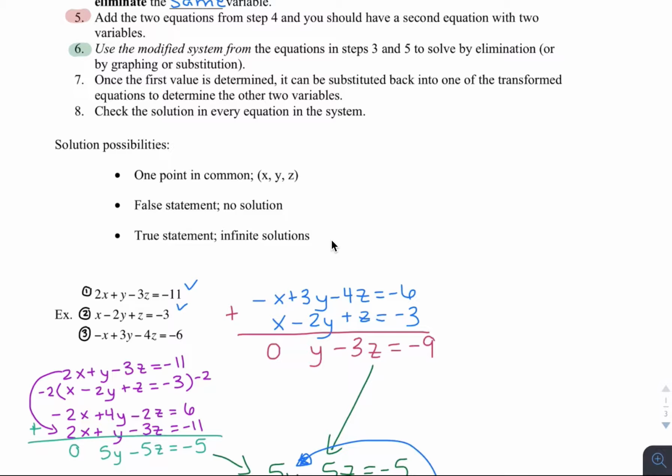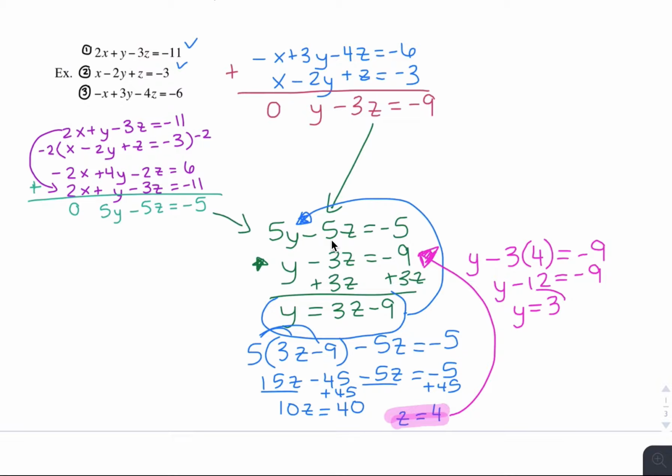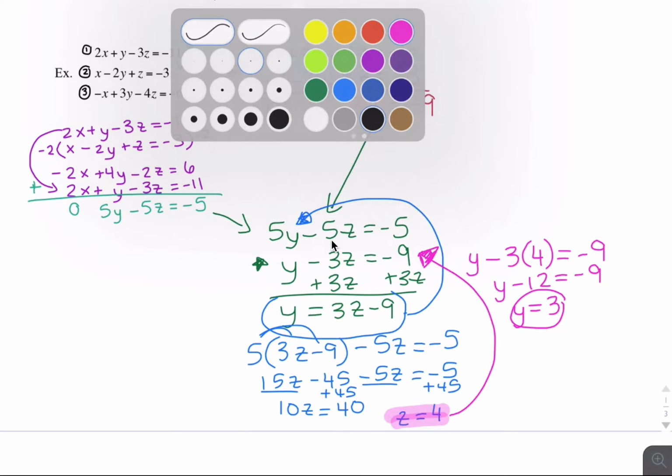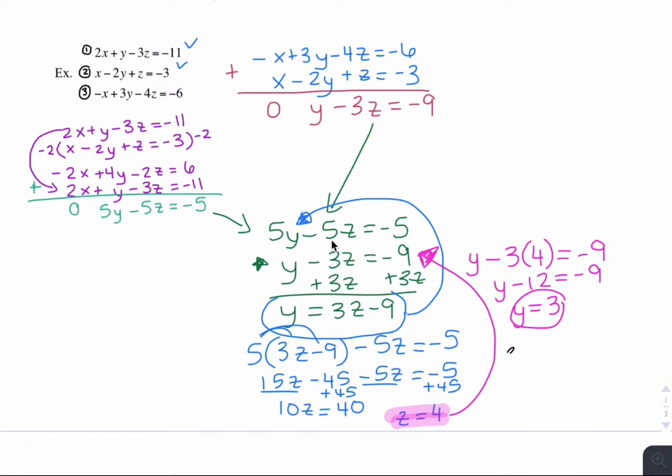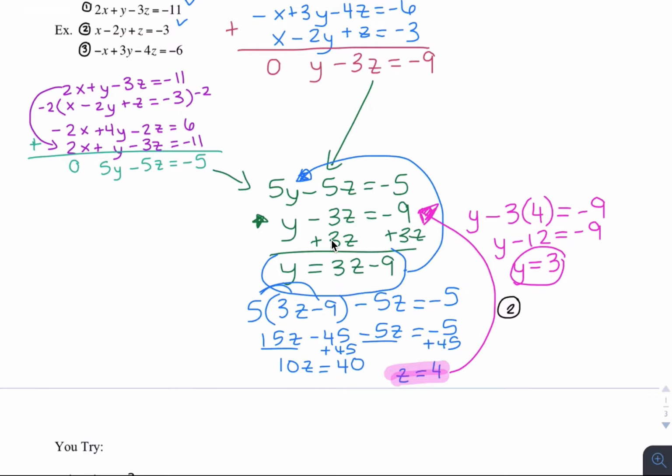Then we're going to take both of those and plug them back into one of the 3 original equations. So y equals 3 and z equals 4, I can plug into one of the originals. I'm going to choose equation 2. It absolutely does not matter which equation you plug it into. So we've got x minus 2y plus z equals negative 3.